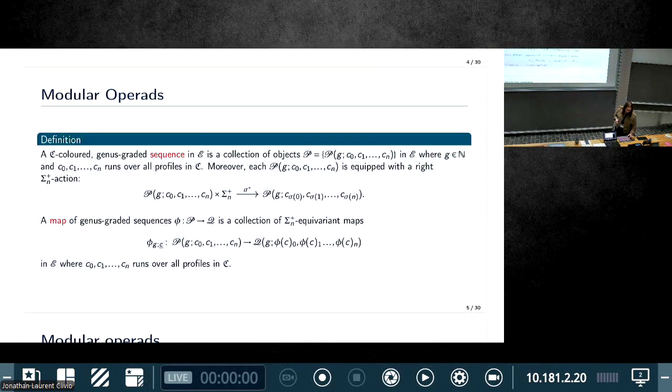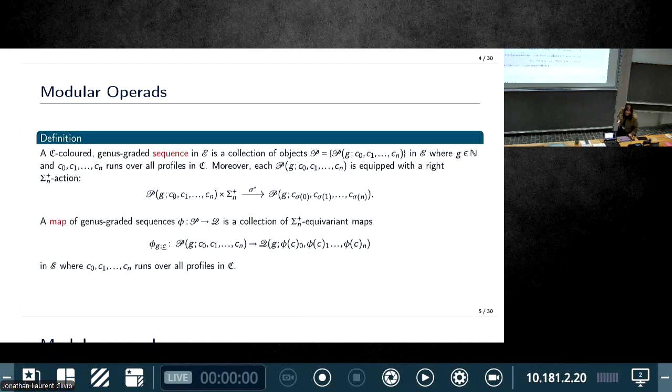Okay, so what is a colored modular operad? A C-colored genus-graded sequence in my base category E, so spaces or groupoids, something like this, is a collection with two indices. I have a collection of objects in E, where I index by g, the genus, and where the second component runs over all profiles in my color set.